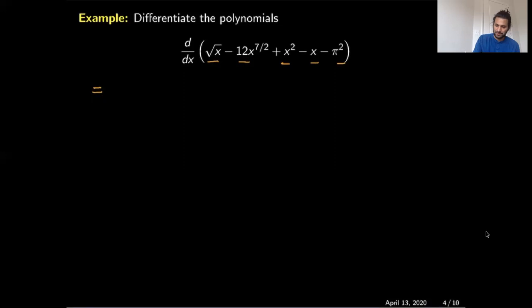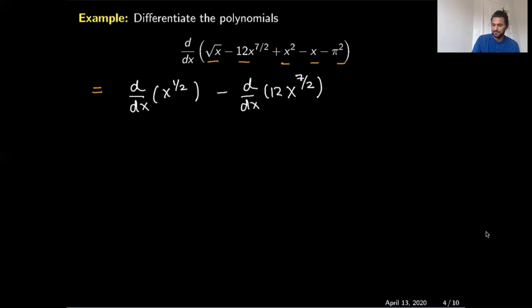So the derivative of this polynomial will be dy by dx of square root of x, means x to the power 1/2, minus dy by dx of 12x to the power 7/2 plus dy by dx of x square minus dy by dx of x and minus dy by dx of pi square.